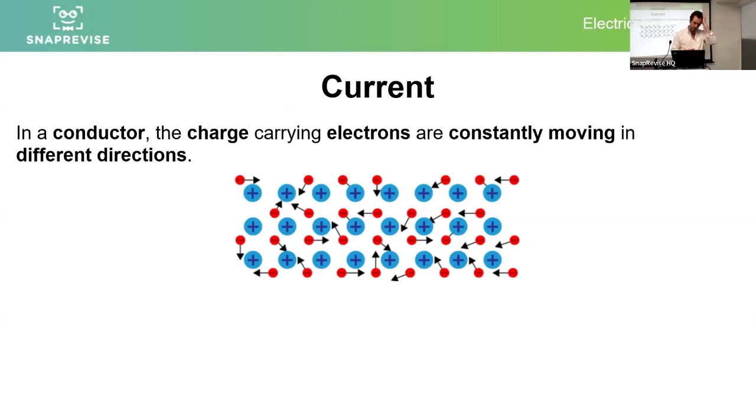Those of you who do chemistry, you might recognize this as a giant metallic structure. You've got ions, and you've got a sea of delocalized electrons that aren't associated with any particular ion, and they're free to move between the ions.